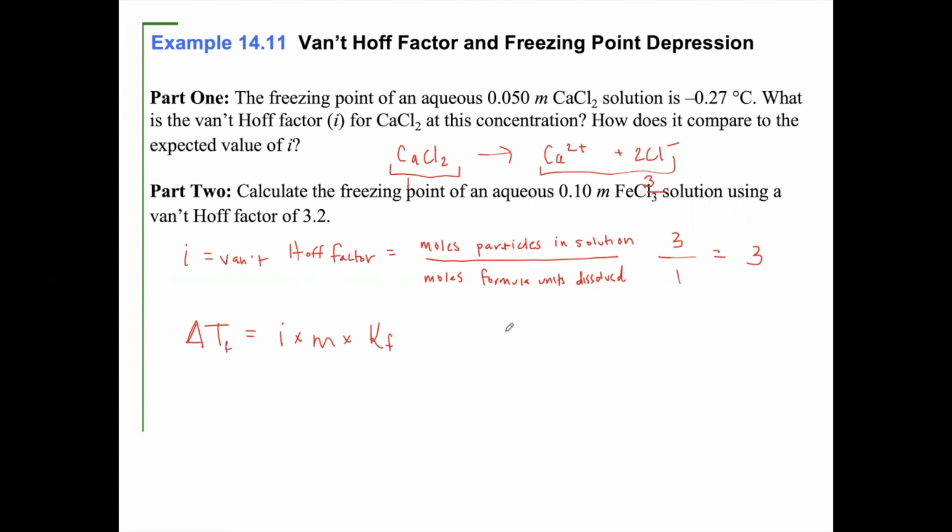Just like, it's going to be the same for the boiling point elevation. So if the freezing point of an aqueous 0.05 molar calcium chloride solution is negative 0.27 degrees Celsius, what is the van 't Hoff factor for calcium chloride at this concentration? How does it compare to the expected value of i?